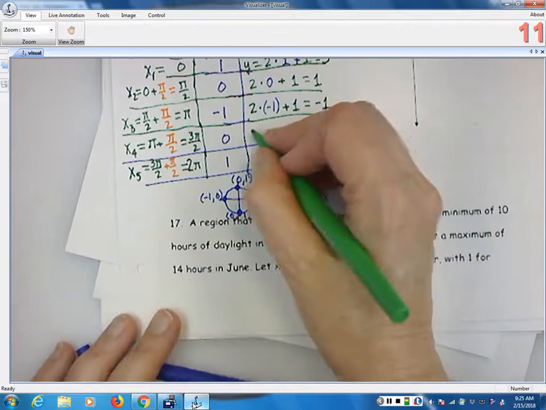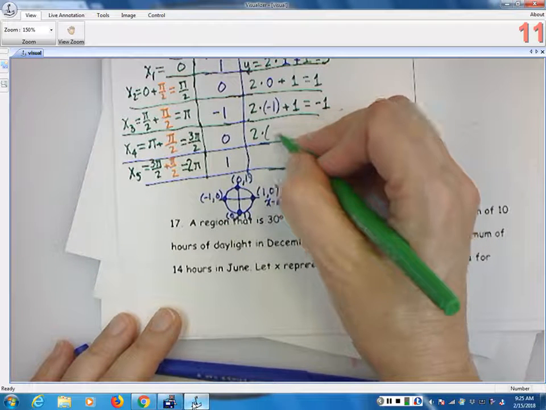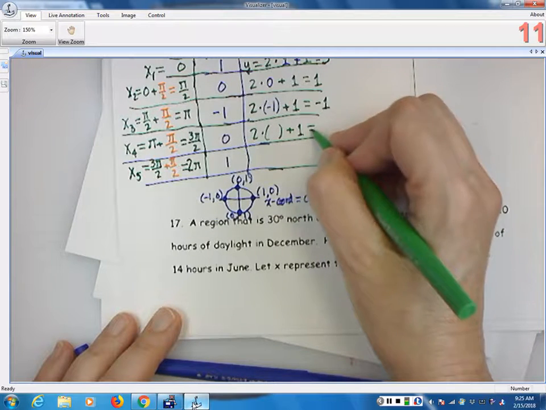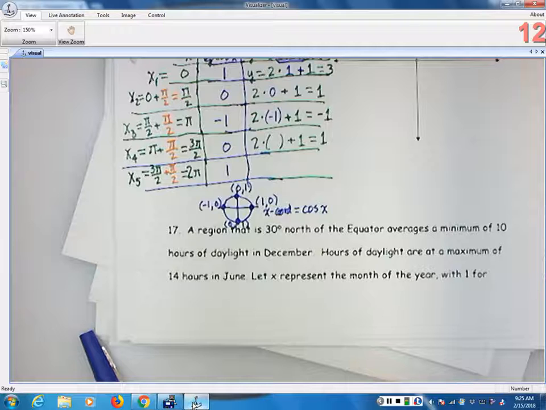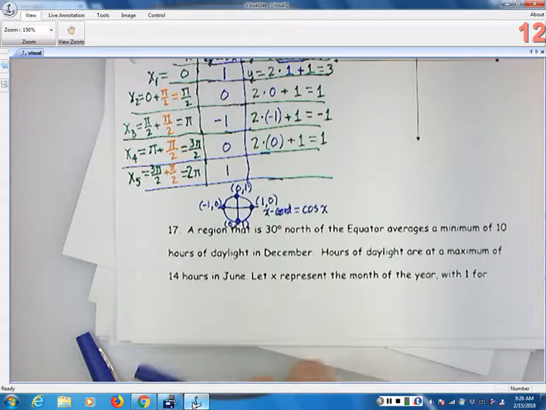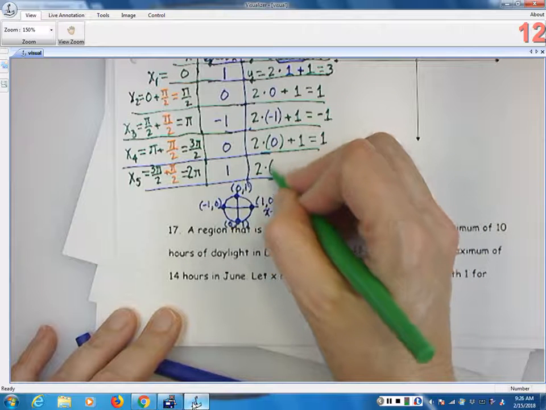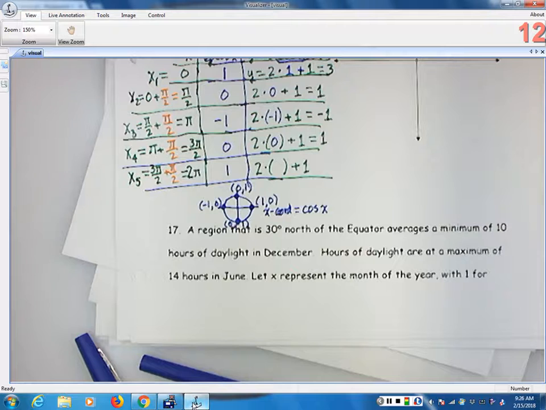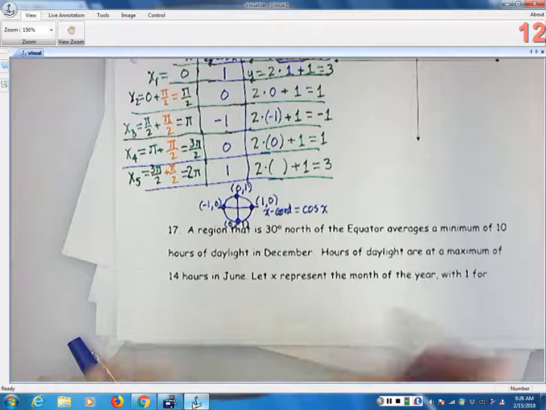And 2 times, we'll put in 0 again, plus 1, it's going to be 1. Are you following this? So 0, just putting that value in there. And 2 times 1 plus 1 is 3. We got to put this 1 in here.